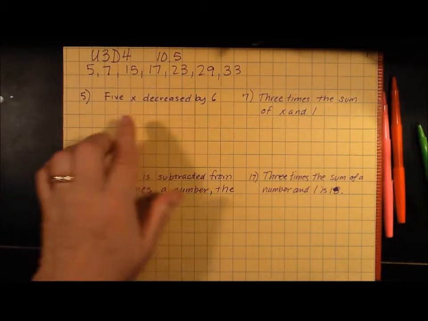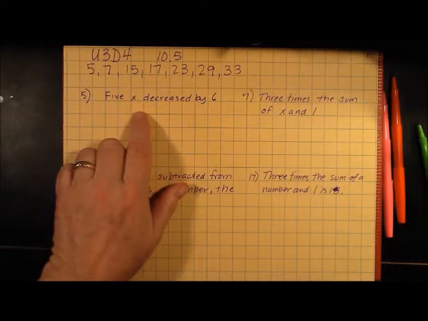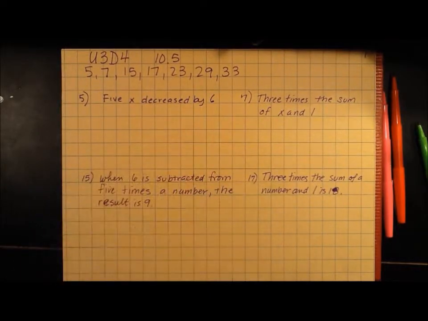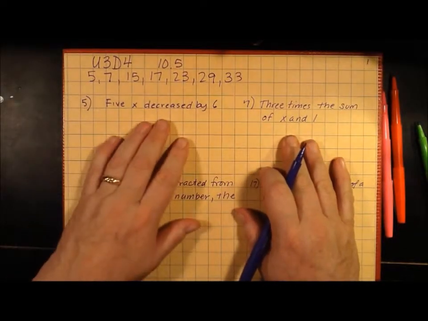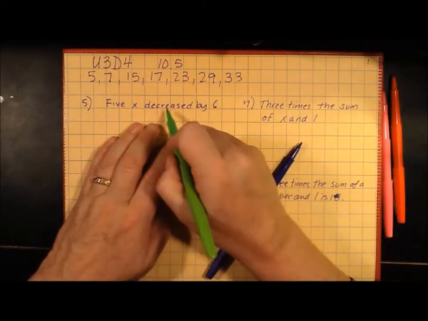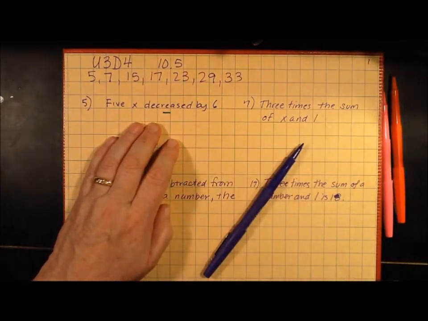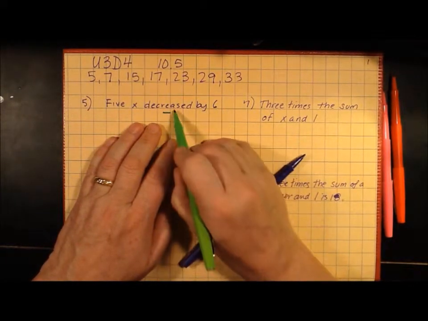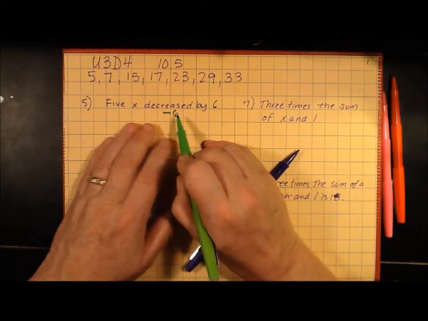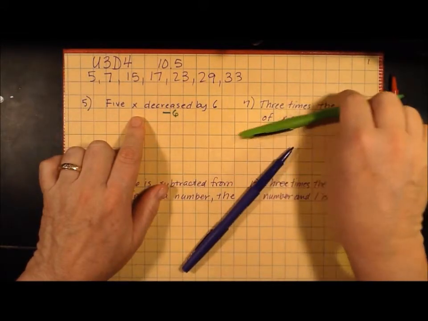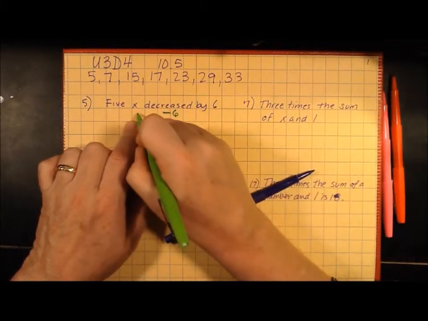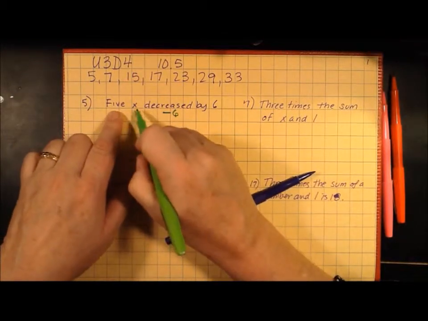Number 5 asks us to find 5x decreased by 6. Well, as I look at this, I know that decreased means to subtract. And so that means I'm going to subtract 6. They gave me x and 5 x's.